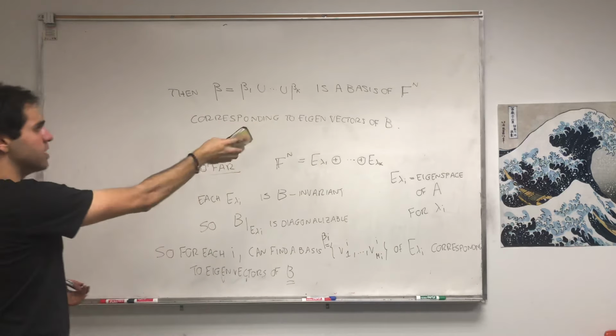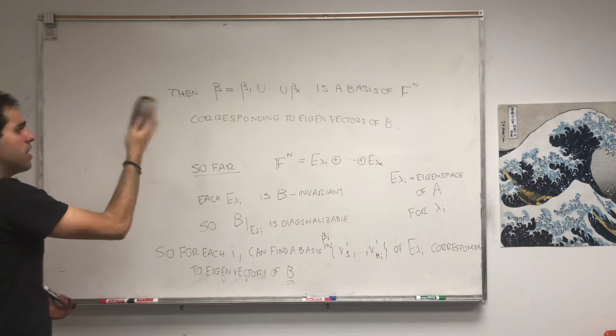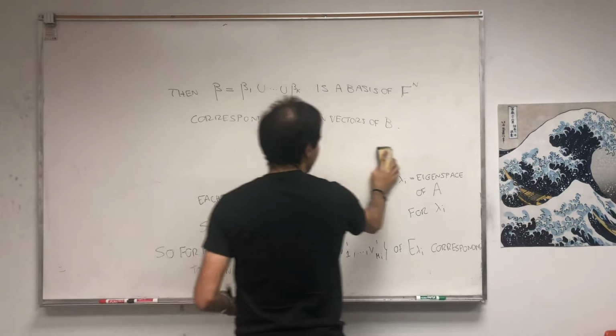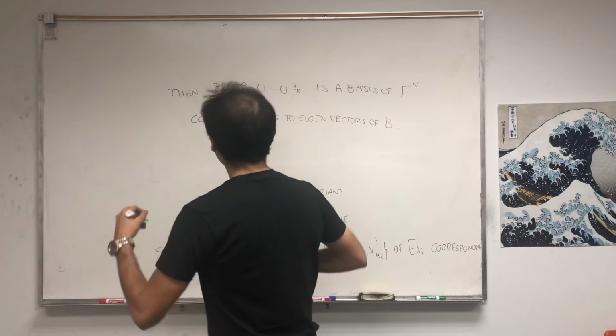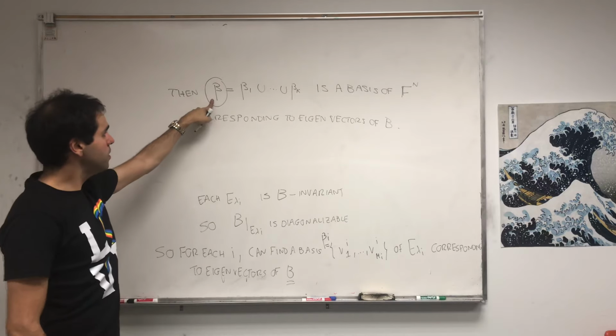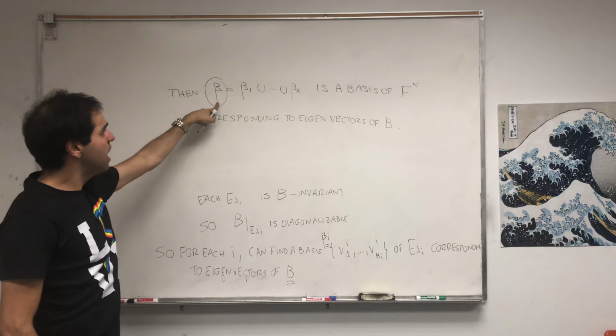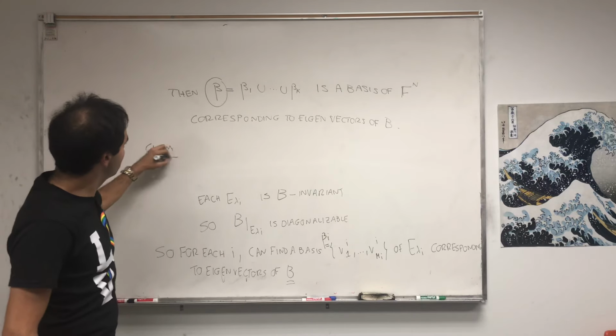We get a basis of Fn corresponding to eigenvectors of B. And therefore, first of all, B is diagonalizable, but we know that. But the point is, this will be the common basis. You see?